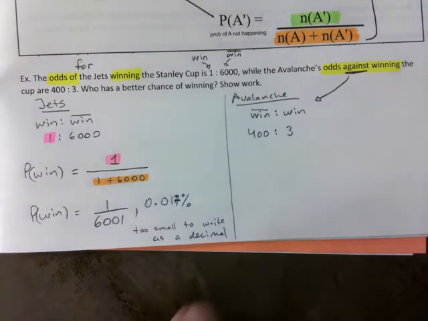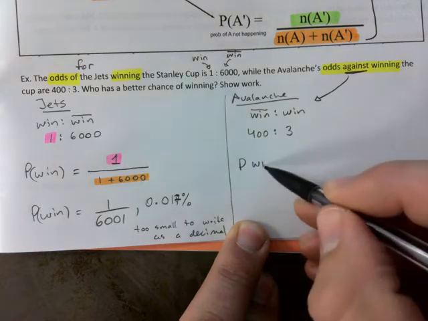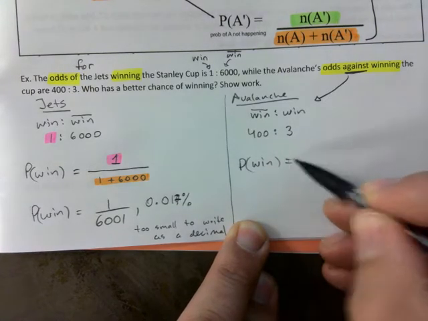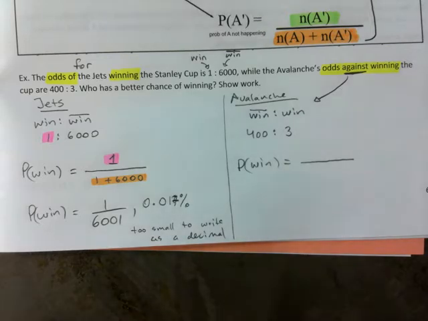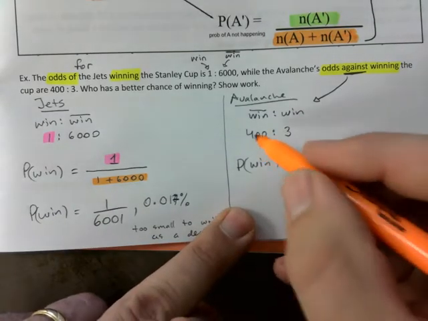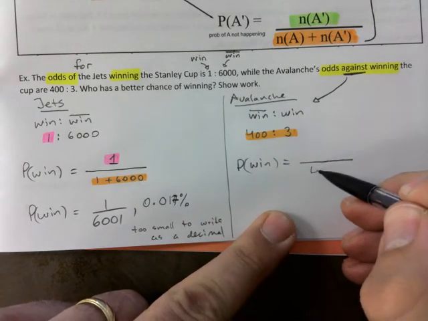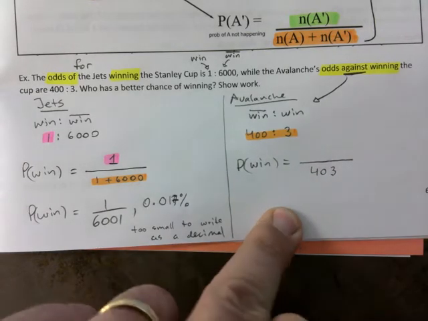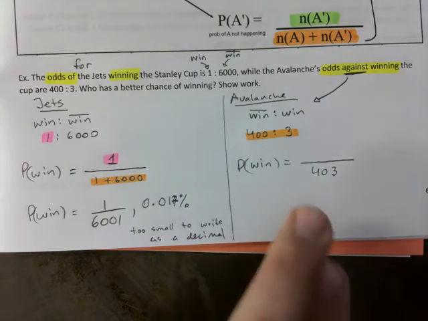We're going to leave it like that and say, hey, we want to know, because we want to compare it with the Jets. Probability of winning, what's the first thing I want you to do? Add them. $403. Should I do 400 plus 3? I think I will do that.